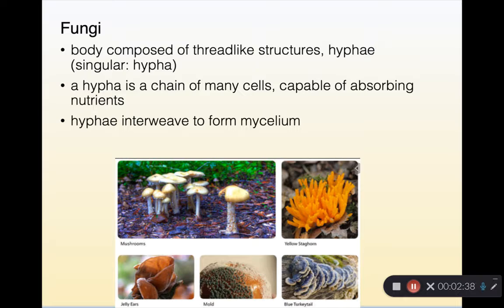So when you think of fungi, you probably immediately think about mushrooms, but it's a much broader classification of eukarya than that. It includes molds and it includes things like yeast as well. So what is used to make bread, for example, is in fact a fungus.